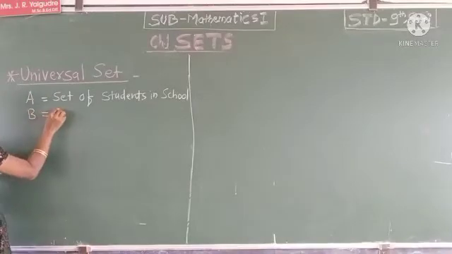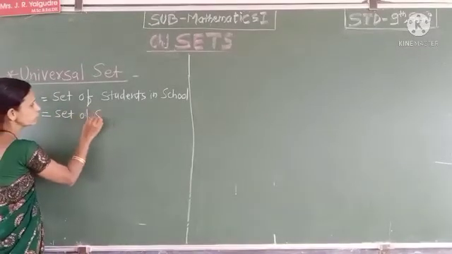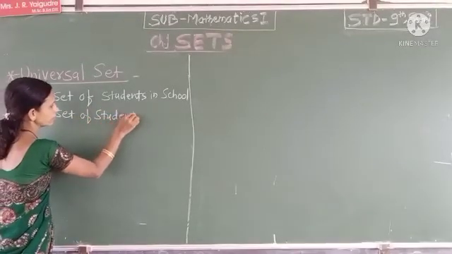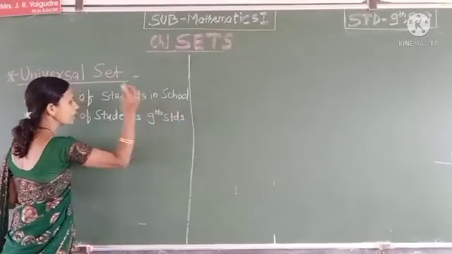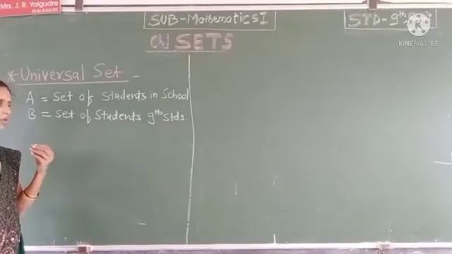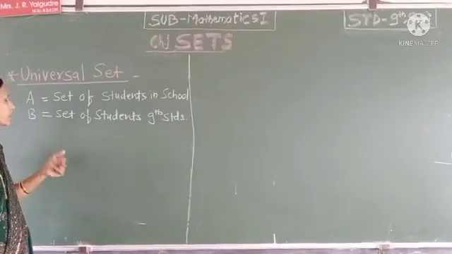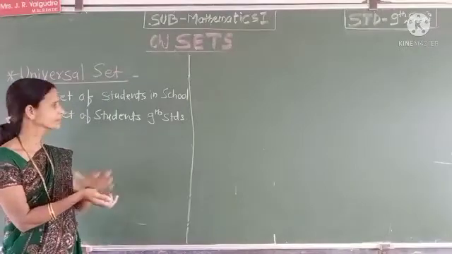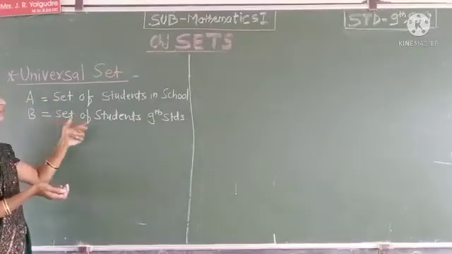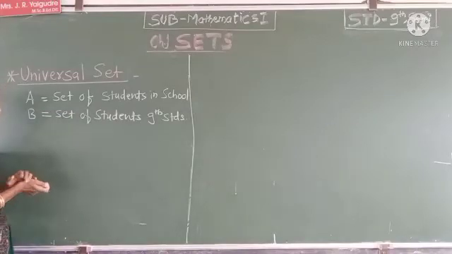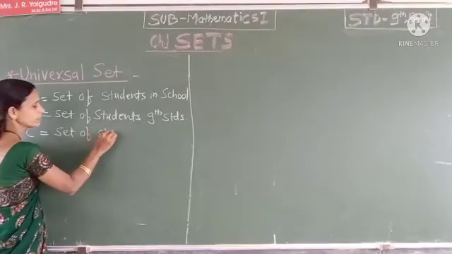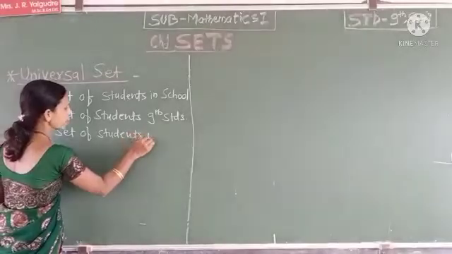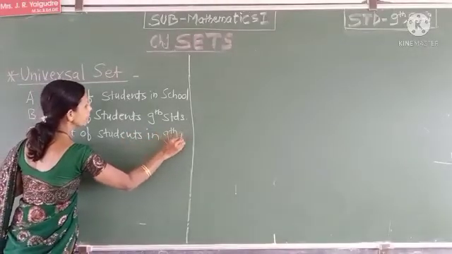B is a set of students in 9th standard, all 9th standard divisions. If there are 4 divisions, then the students included in it form the set of students in 9th standard. That is set B. C is a set of students in 9th B class only.